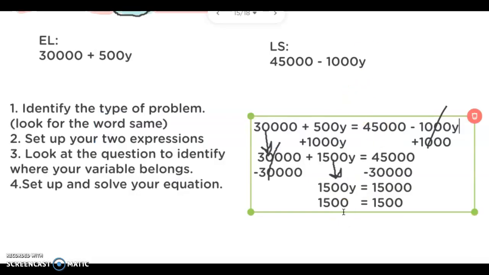Okay? So, that lets me know that in 10 years, the two towns are going to have the same number of people. All right?